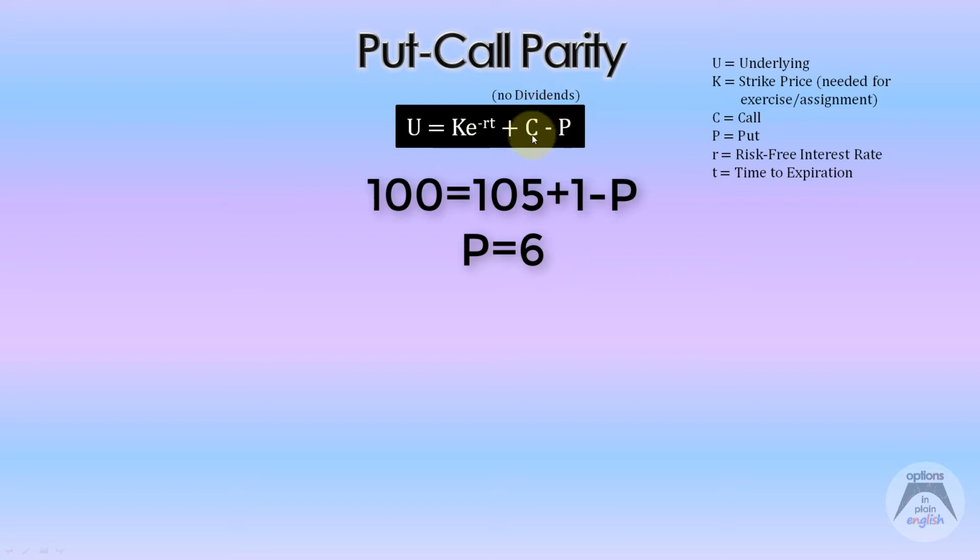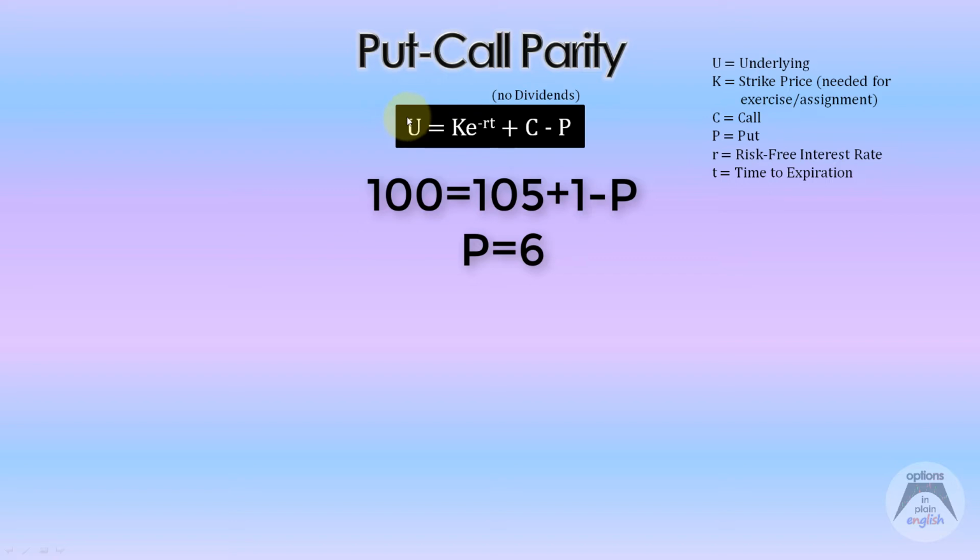Okay, so if you solve for put, you move it to this side. The put is going to be equal to 106 minus, you move this one to the other side, 106 minus 100. So it's going to be $6.